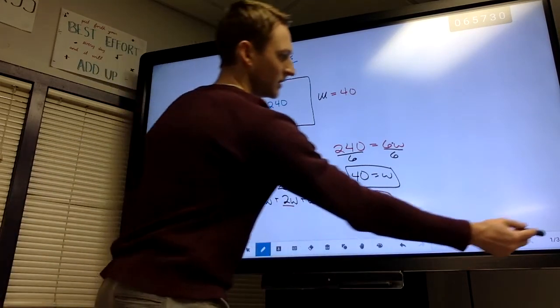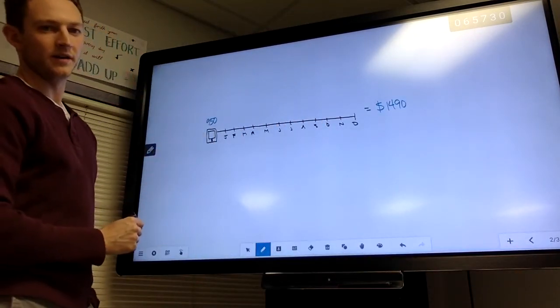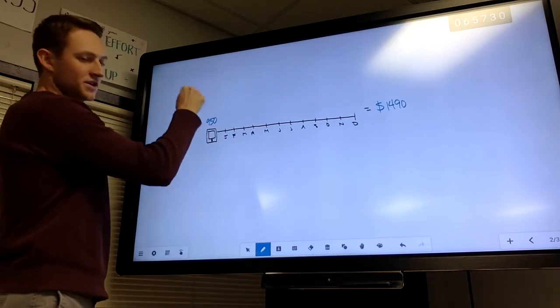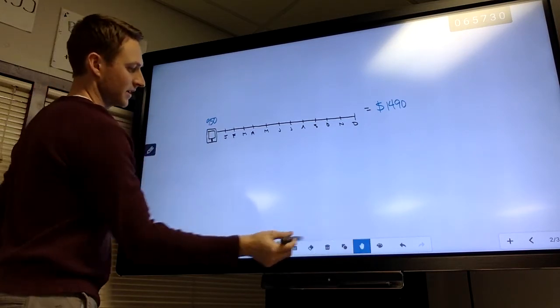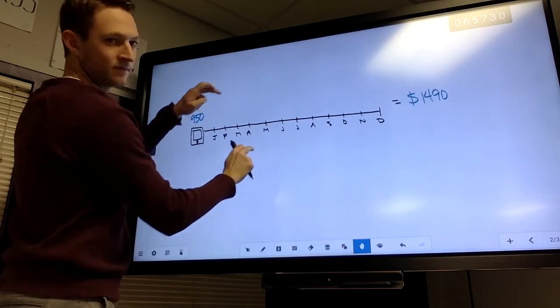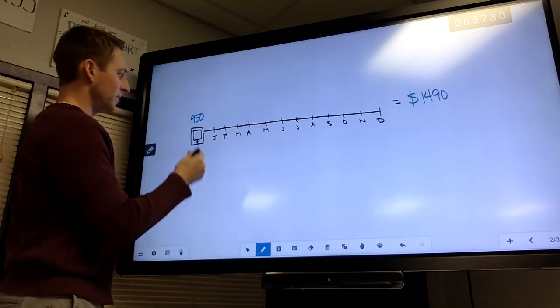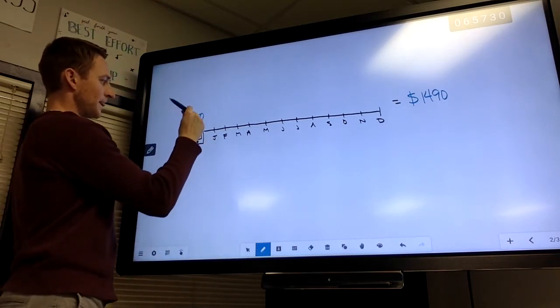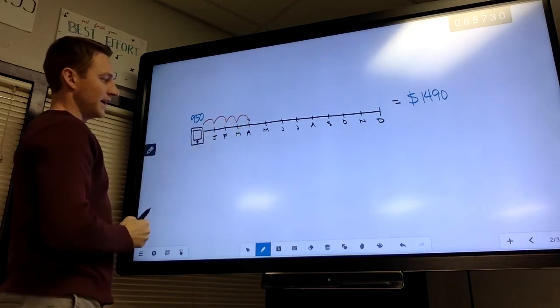All right. Moving on to the next example. We were buying a phone for $950. So let's say we buy it on January 1st, $950. Let's make this a little bigger. So we spend $950 on the phone, and then every month we have to pay for data, right? For every month we are adding data.